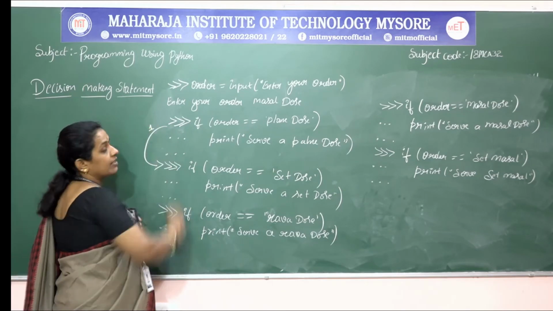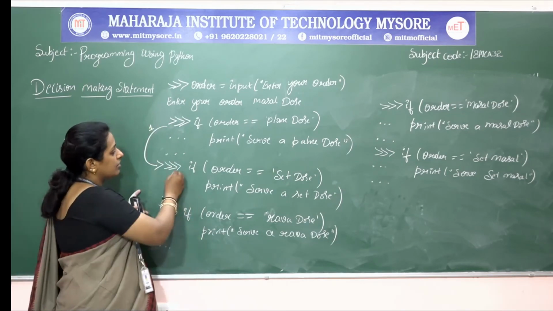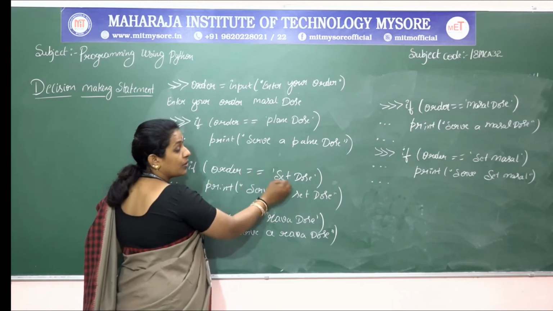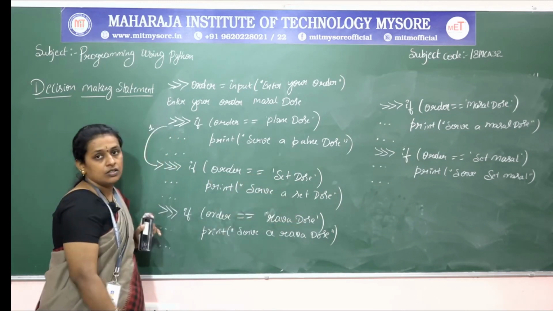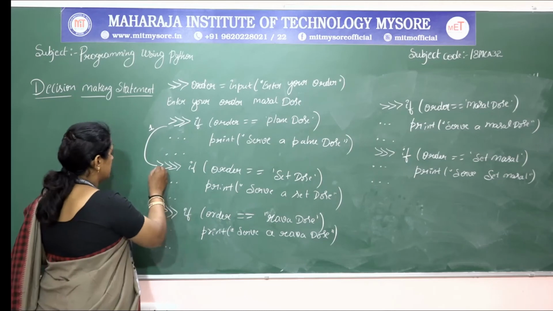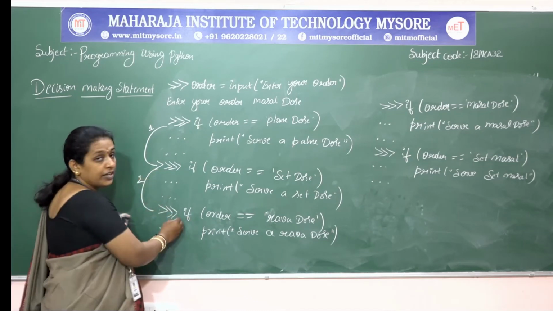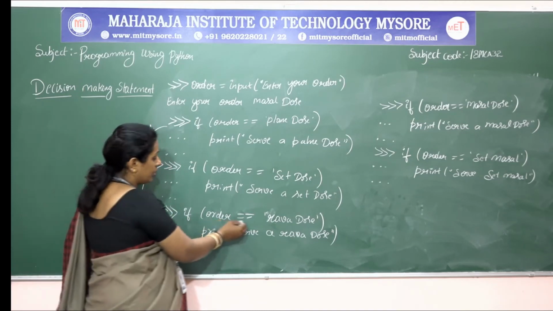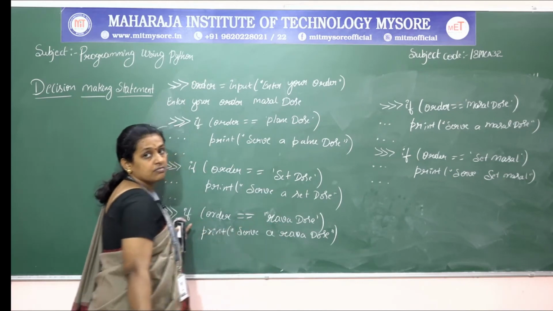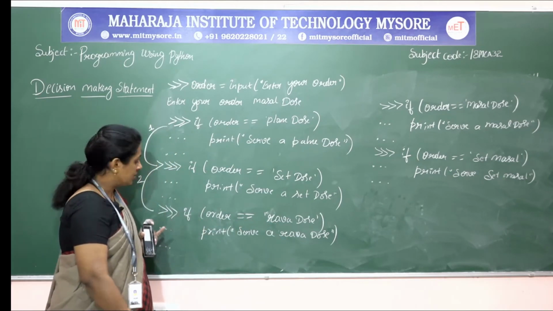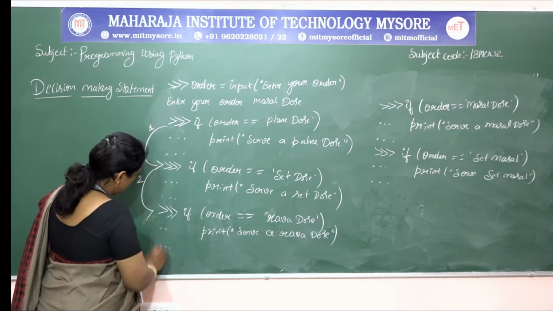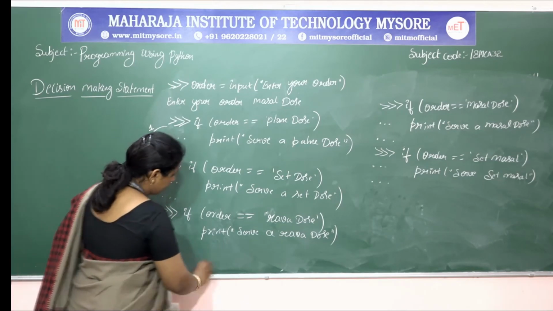First it is evaluated, then it comes to the next if, that is if order equal to set dosa, no, the condition is false. Then it will move to the next if condition. If order equal to rava dosa, no, we have not ordered rava dosa. Then it will move to the next.